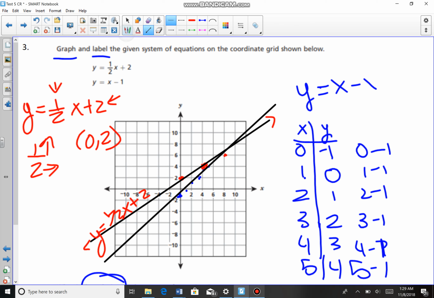I'm going to add in my arrows, and I'm going to label my graph.